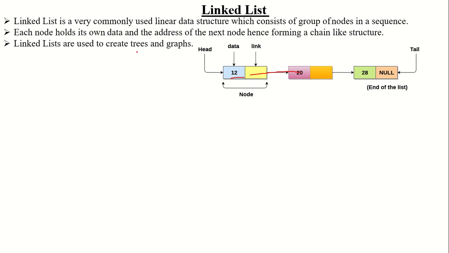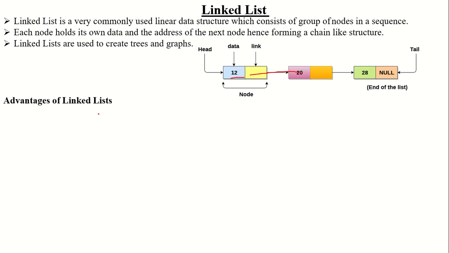Linked lists are used to create trees or graphs. We will see in our upcoming units what a tree is and what a graph is, and we use linked lists to create trees and graphs. So a linked list is a basic data structure which is used to create the tree as well as the graph.